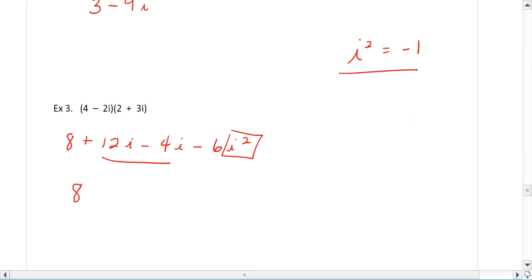So then we have 8, and 12 take away 4 is 8i, and I have negative 6 times negative 1, so that becomes positive 6. And then you can combine the 8 and 6 is 14, and then we have 14 plus 8i.